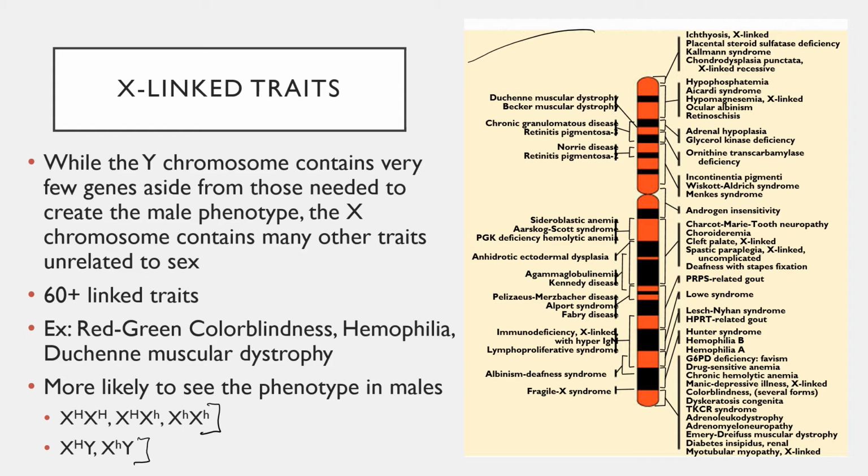Males, on the other hand, only inherit 1 X chromosome, so they only have 2 options. They can be dominant or recessive. They won't have the possibility of being a carrier like the heterozygote female. So females that have one dominant and 1 recessive allele are carriers, and they can pass it on to their children. Males either have the trait or they don't.